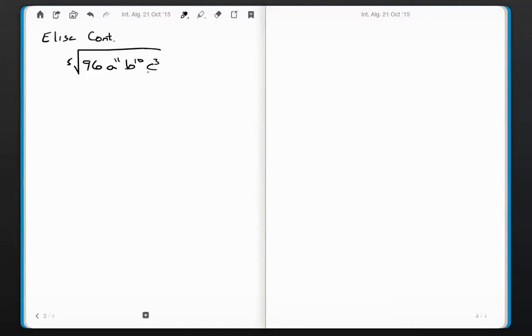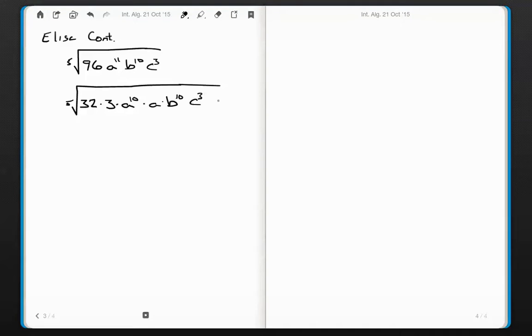Okay. What I'm going to do is split this up into all my nice perfect fifths right away. So I'm going to say it's the 5th root of 32 times 3, a to the 10th times a, b to the 10th, which is nice, and the c cubed, nothing I can do with that.